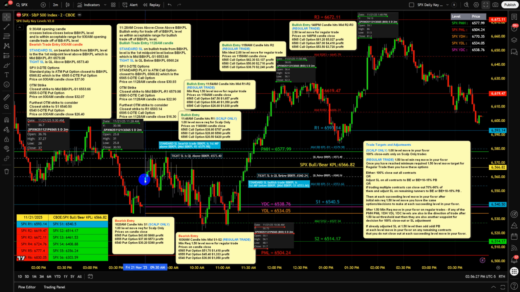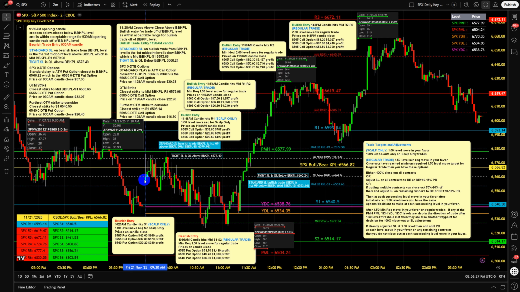However, it came back down and closed below the bull bear key price level. So even though this is technically a green candle, it does close below the bull bear key price level. So if you're taking the 9:30 a.m. opening candle trade with this indicator, this is your bearish entry signal for taking a trade off of the bull bear key price level.